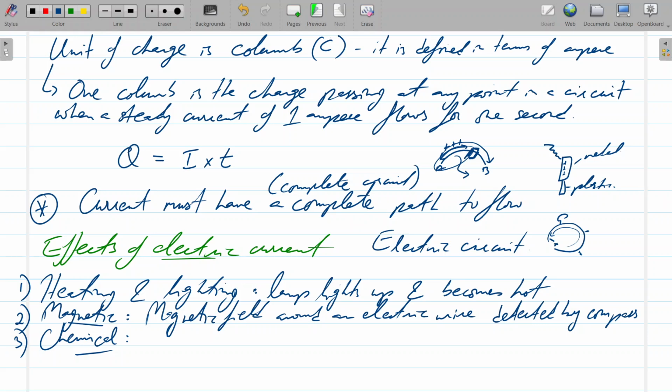So if electricity is flowing through a chemical, in this case they've given dilute sulfuric acid, then you will notice bubbles of gas being given off. So I'm going to ask you a question about chemistry. Bubbles of gas given off from sulfuric acid.